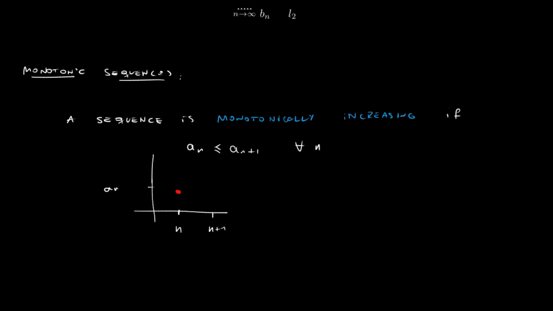So monotonically increasing tells us that a sub n plus 1 can be equal to a sub n, so it could be here, but it also can be greater. So it could be somewhere around this point. It cannot be underneath a sub n. So then when we look at the plot of a monotonically increasing sequence, we always get something like this.